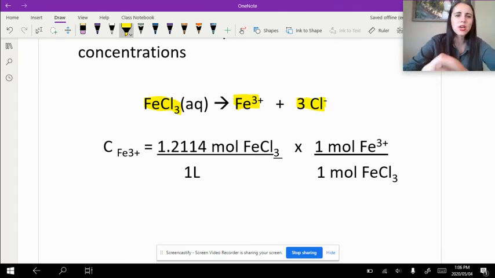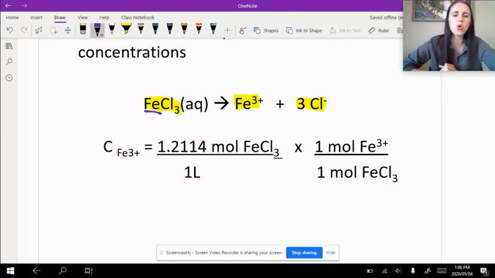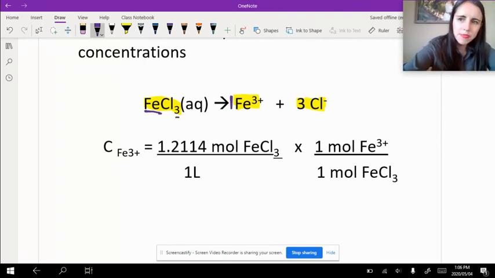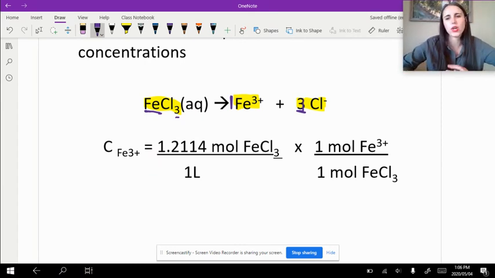How did I know this? Well, if I look at iron, there's no number written after it, so we assume that's a 1. And if I look at chlorine, there's a 3 written after it. That tells us that when this breaks down, which we call ionizing, it splits into its different ions and is going to form 3 chloride ions.